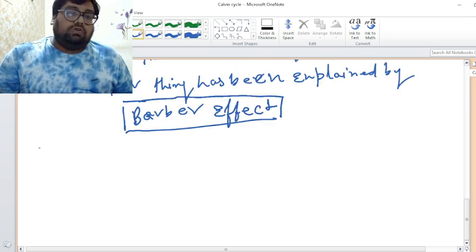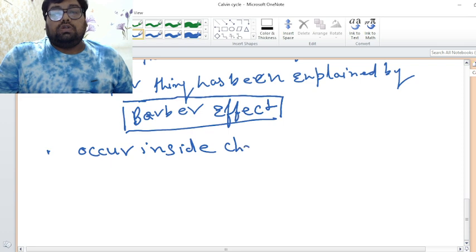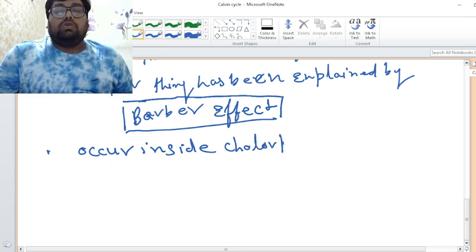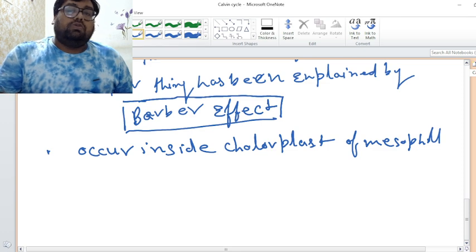If we ask where this reaction occurs, the C3 cycle occurs inside the chloroplast of the mesophyll cell.